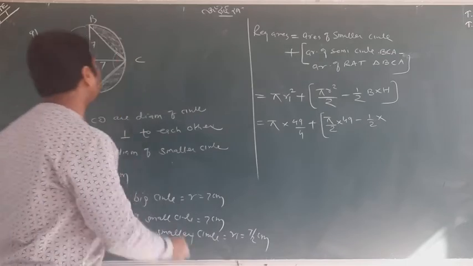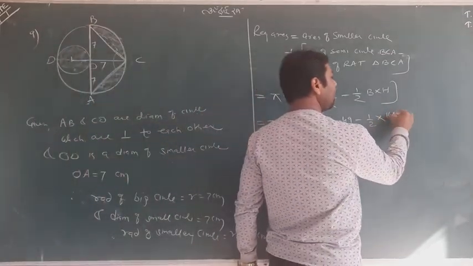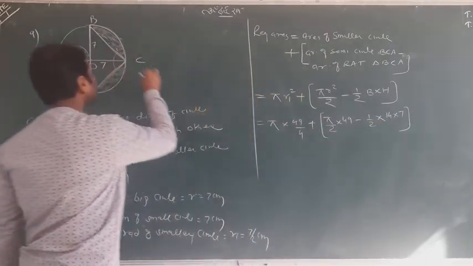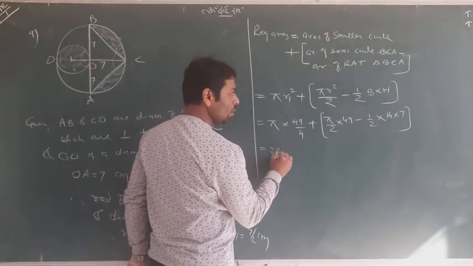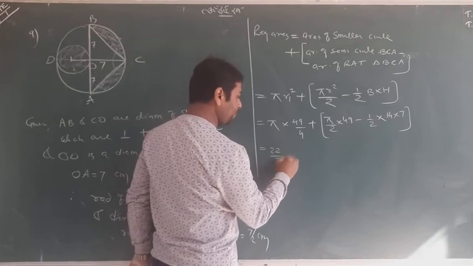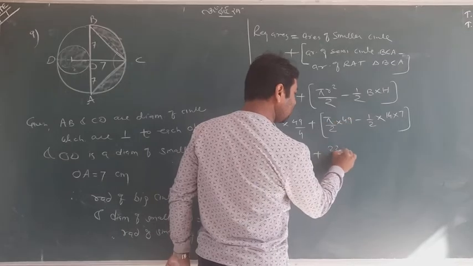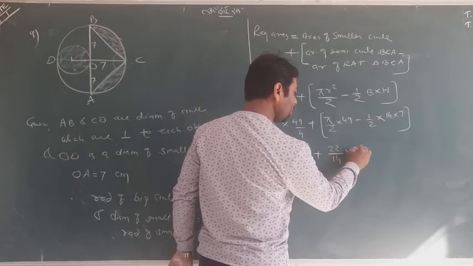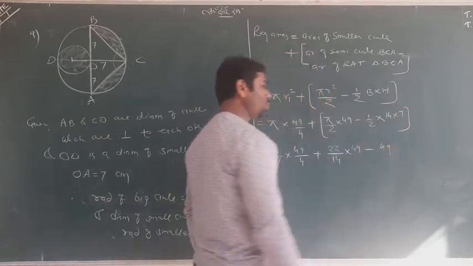The base of the right angle triangle was 14 and height is 7. Now we can go on. Pi is 22 by 7, we can put here, and here also 22 by 7. Half of 14 is 7, and 7 sevens are 49.